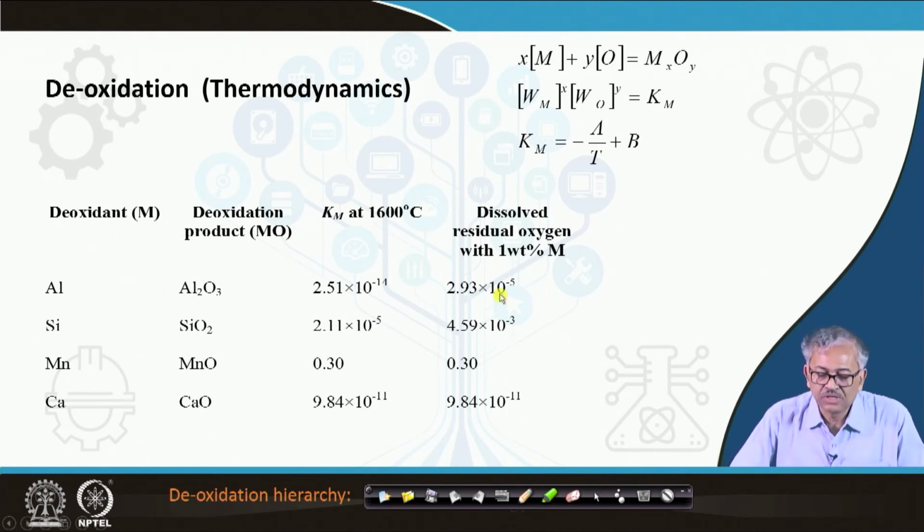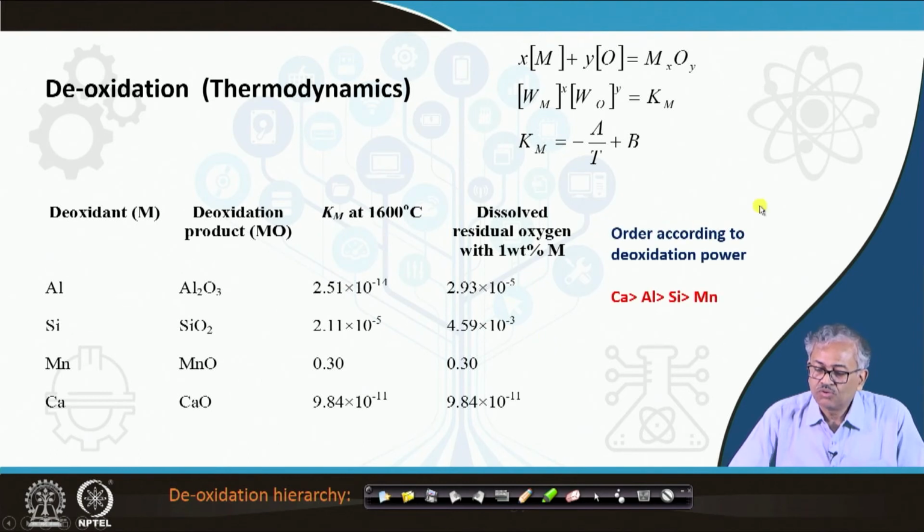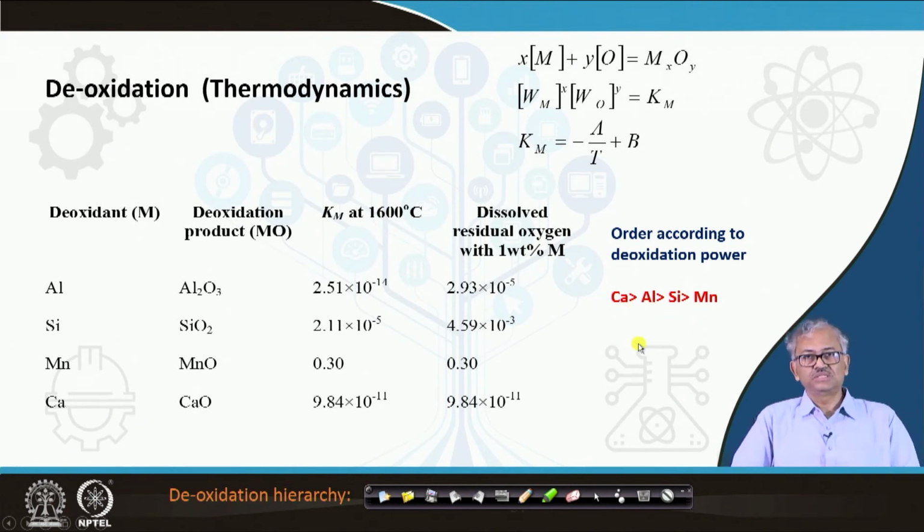Next element is aluminum, where the dissolved oxygen is also quite low, and then silicon is also quite low, and manganese is 0.3. So that is the order according to deoxidation power: calcium is the highest, followed by aluminum, silicon and manganese, and usually aluminum is used as deoxidant.